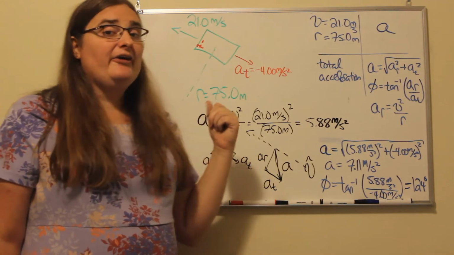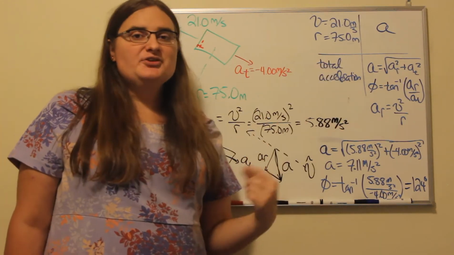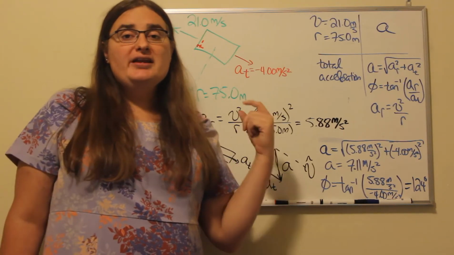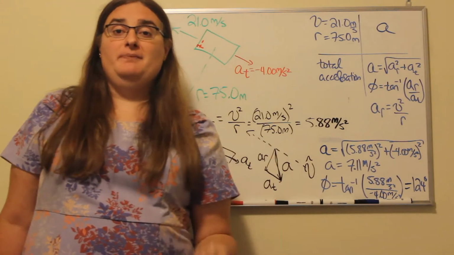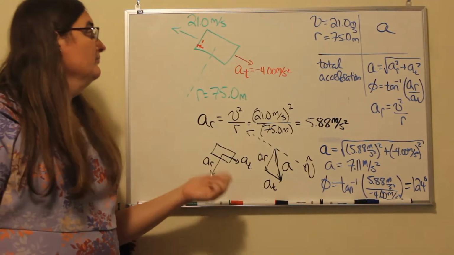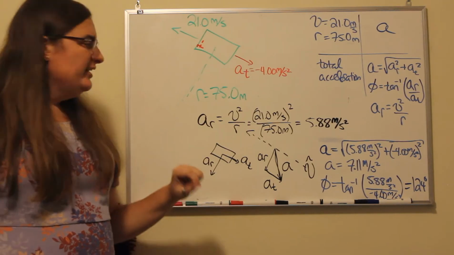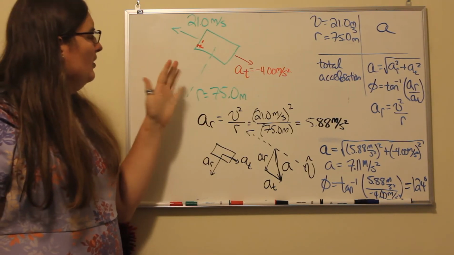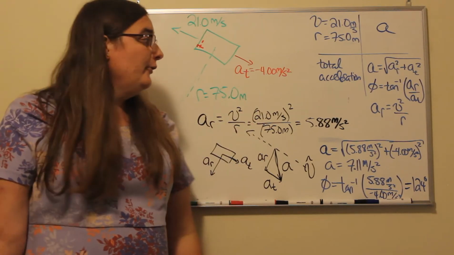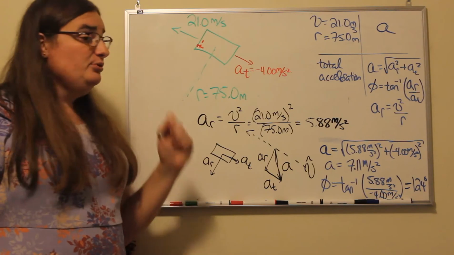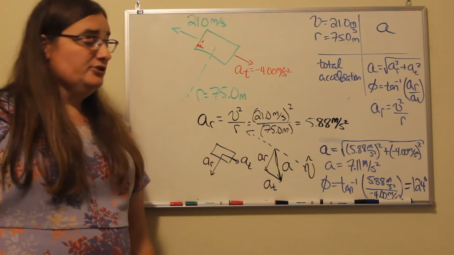And we can figure out our angle from forward motion by calculating the inverse tangent of the radial component of our acceleration divided by the tangential component of our acceleration. So say you're driving along at 21 meters per second, which is around 55 to 60 miles per hour, and then you take a turn with a radius of 75 meters.